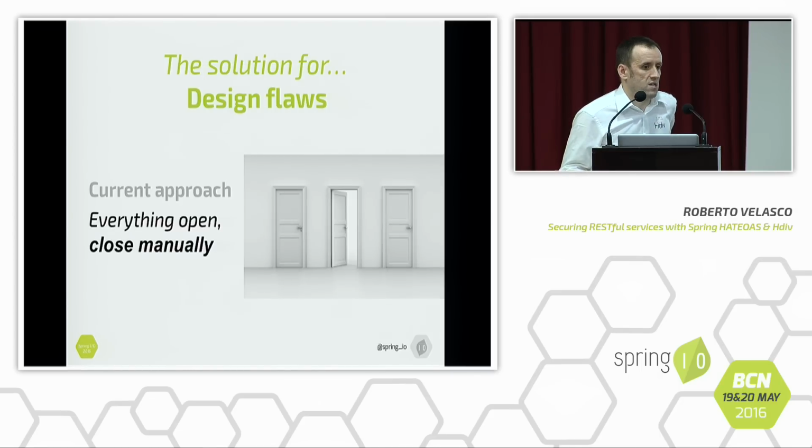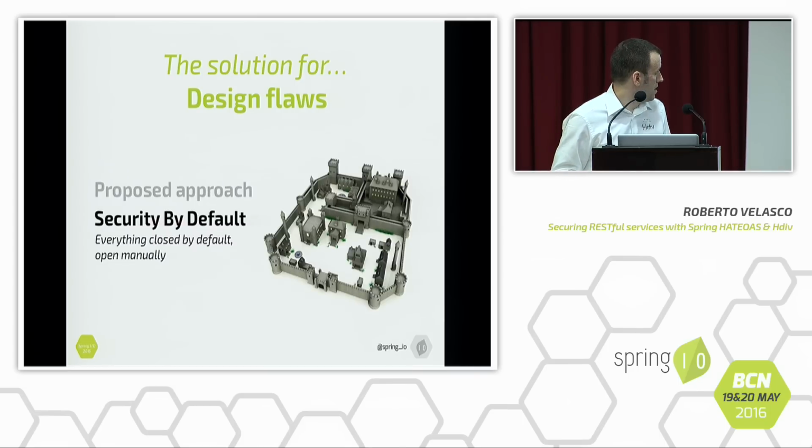So first of all, let's talk about what could be the solution for design flaws. By default, the current approach is that we have everything open, and programmers or developers have to implement security validations. This is the default approach that we are using. The approach that we propose is the opposite, where the server defines what is allowed, and by default everything is closed.